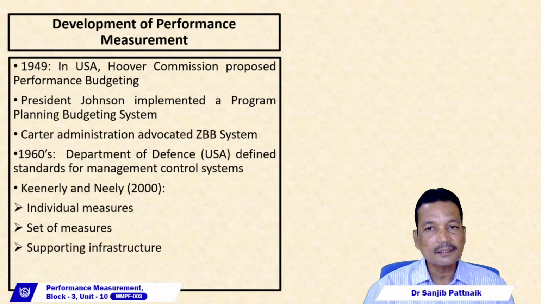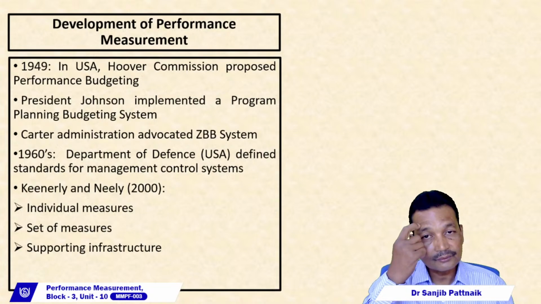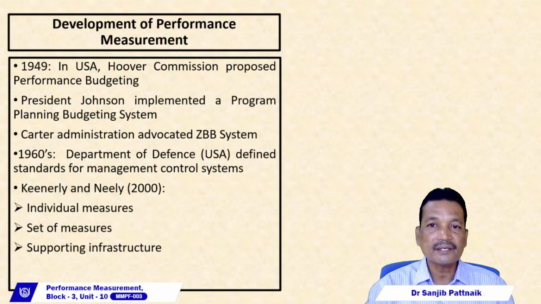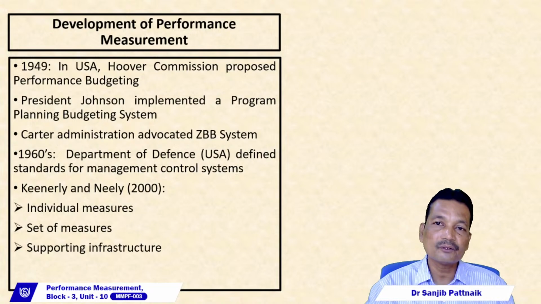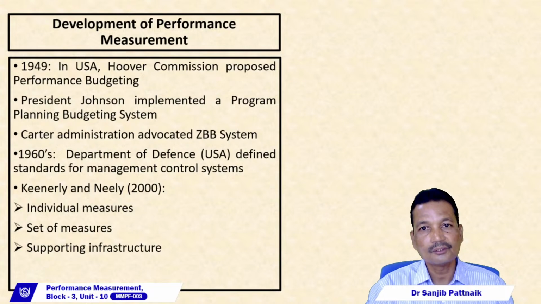Now, we have seen the budgeting process where every kind of activity of the organization is expressed in monetary terms and approved before it is actually carried out. Similarly, President Johnson implemented a program planning budgeting system.